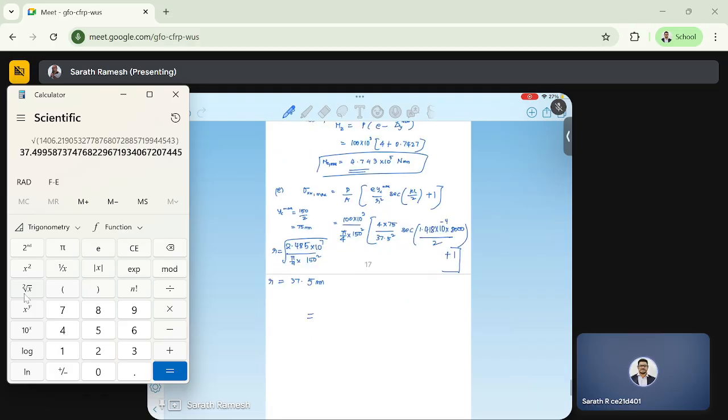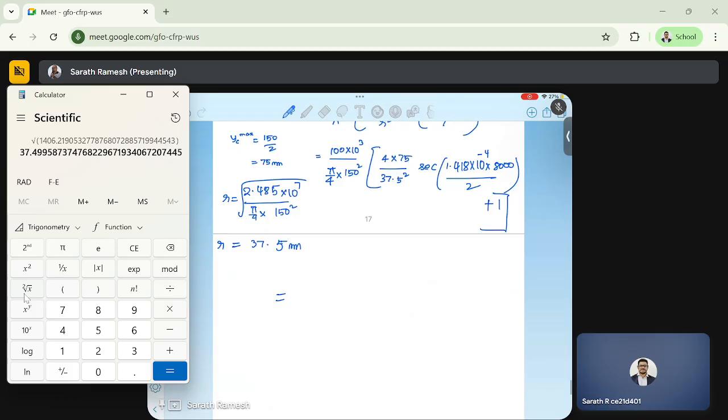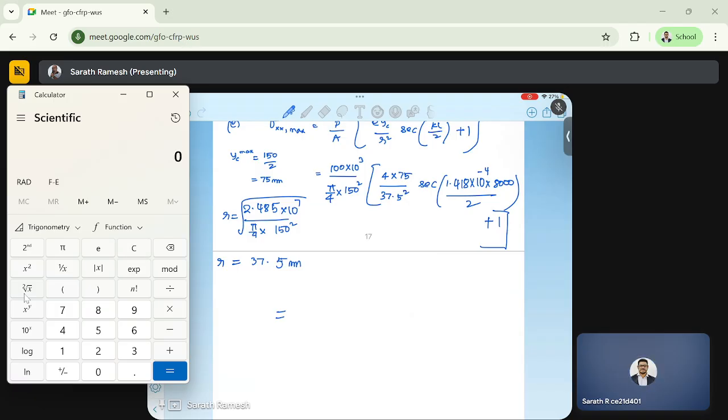So we'll go inside out. 4000 into 1.418 into 10 to the power minus 4, secant of this.